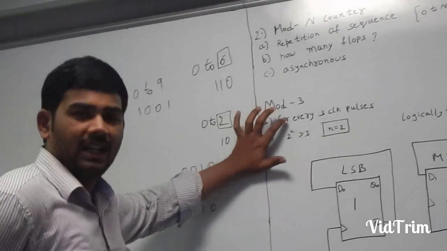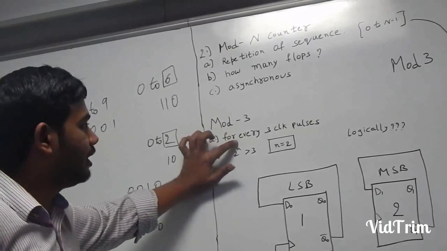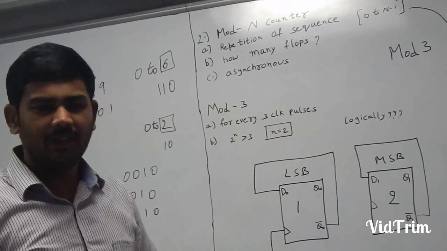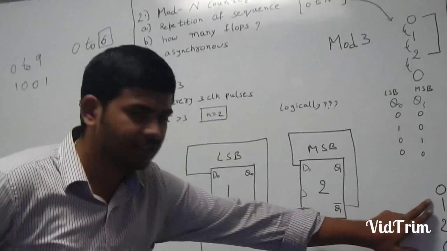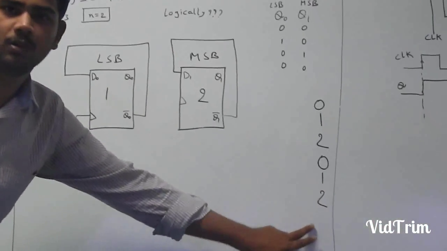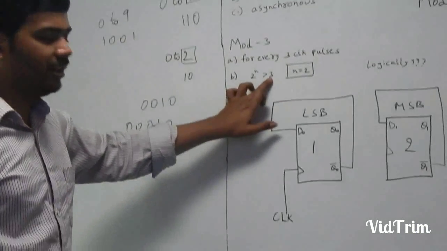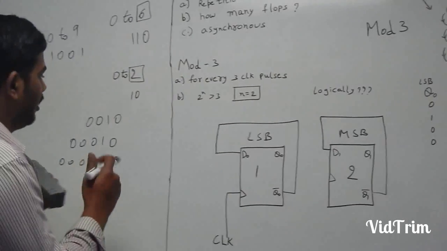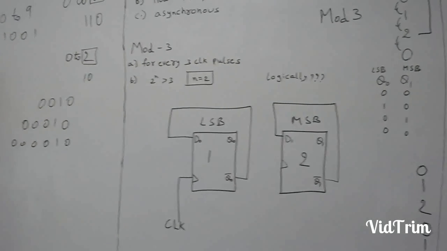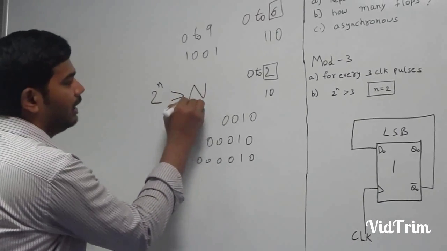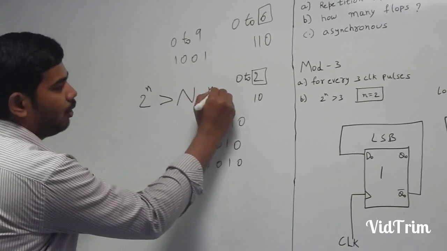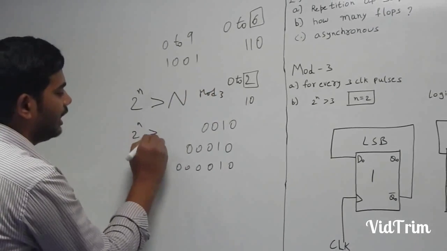For example, we are taking here a mod 3 counter. For every 3 clock pulses, the sequence repeats, like we discussed here, 0, 1, 2 and 0, 1, 2, and so on and so forth. The formula based approach is 2 power n greater than the mod value. For example, for mod 3, 2 power n greater than 3.